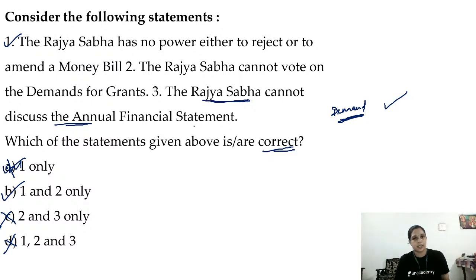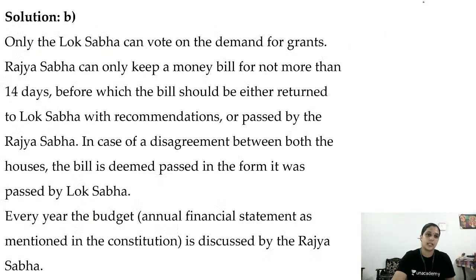Discussion is not at all curtailed. You can readily eliminate it. Demand for grants, Rajya Sabha cannot vote, because budget and demand for grants is an exclusive privilege of Lok Sabha. Budget is introduced in Lok Sabha, and especially demand for grants is only voted in Lok Sabha. Okay, next.